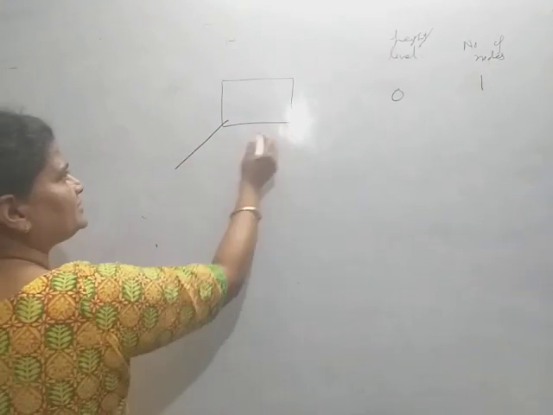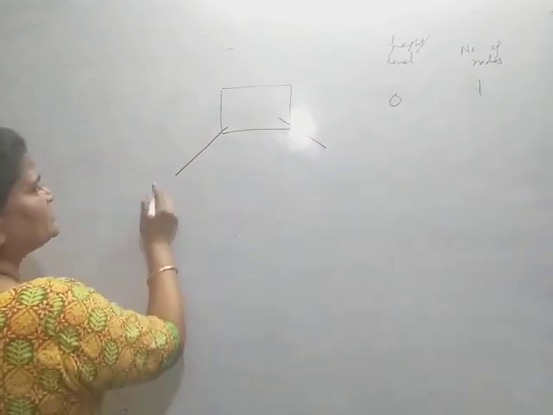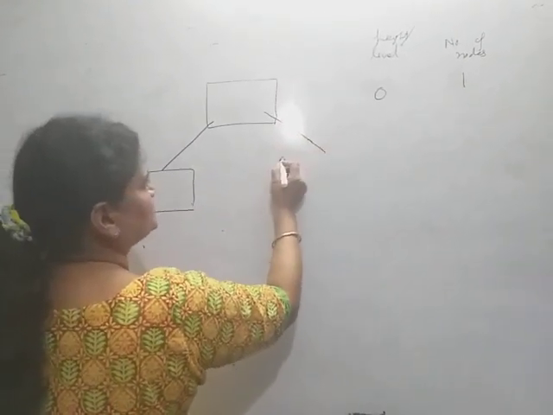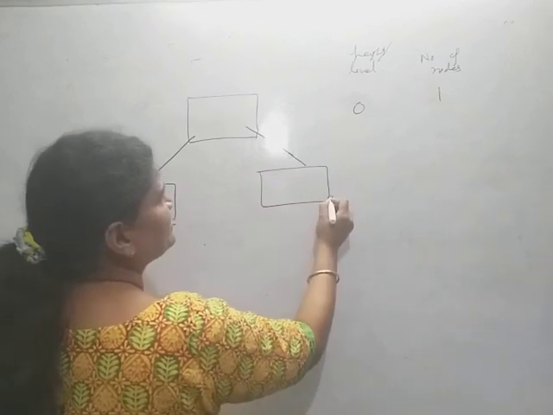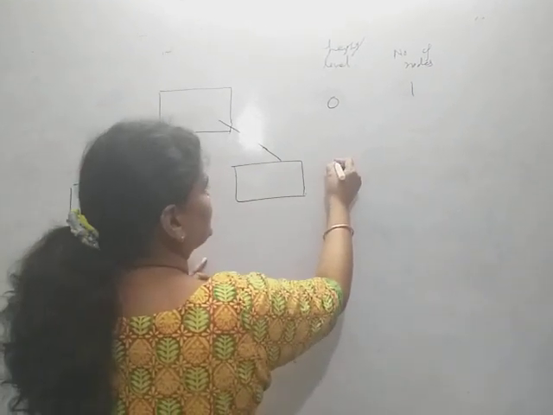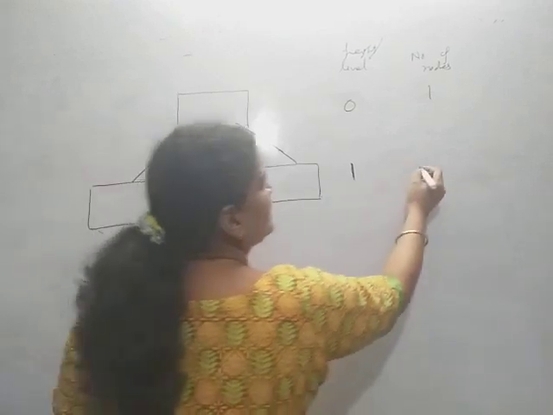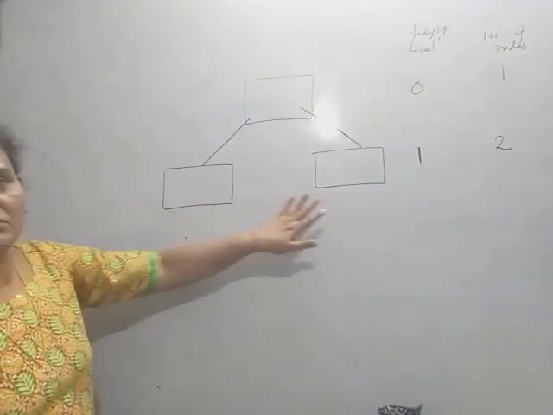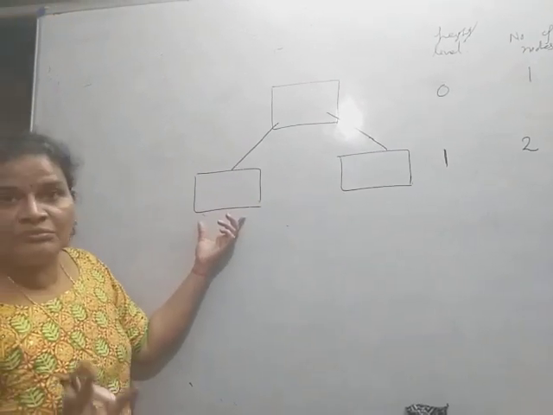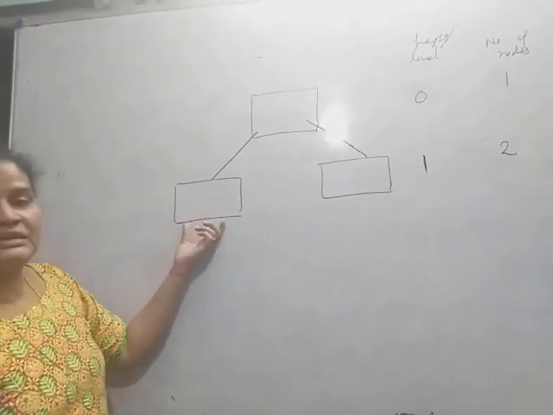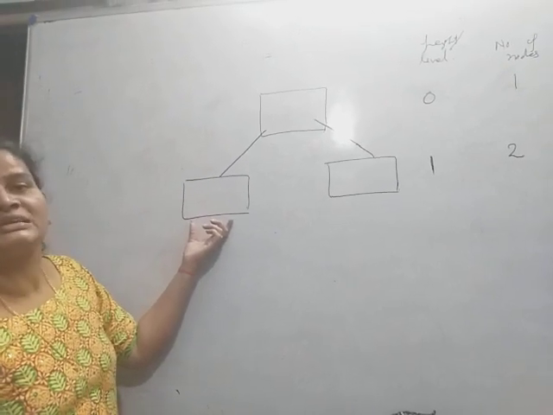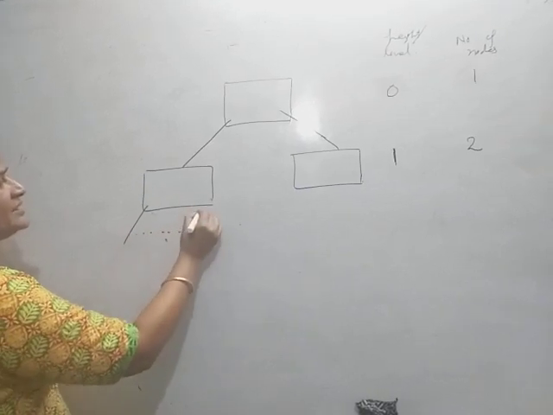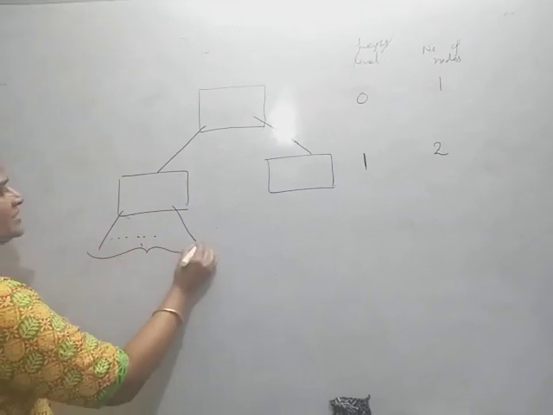Now because there is a single key, there are 2 nodes at level 1. Level 1, how many nodes? 2 nodes. Both these nodes contain the minimum number of keys. So the minimum number of keys is t minus 1, and the minimum number of children is t.